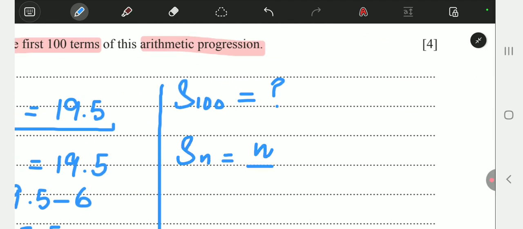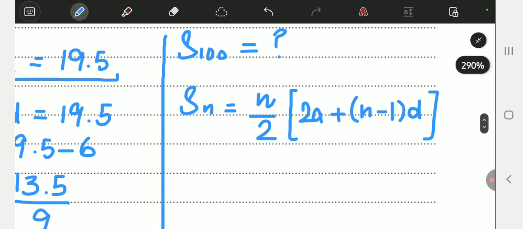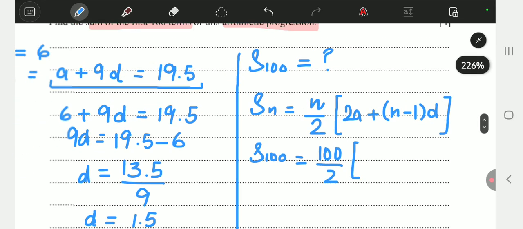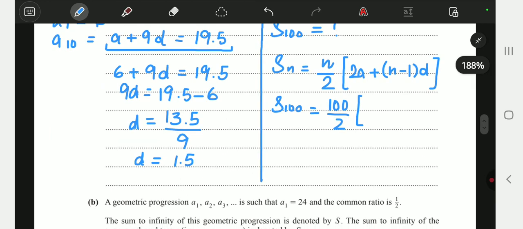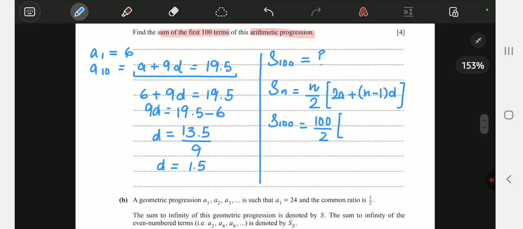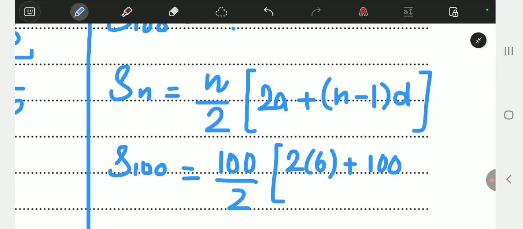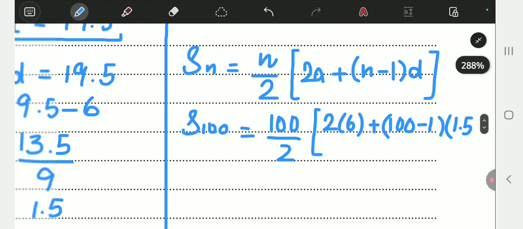Sum of n is n over 2 times 2a plus n minus 1 times d. So S of 100 would be 100 over 2. What is a? A is 6. So 2 times 6 plus 100 minus 1 times 1.5, that is your d.